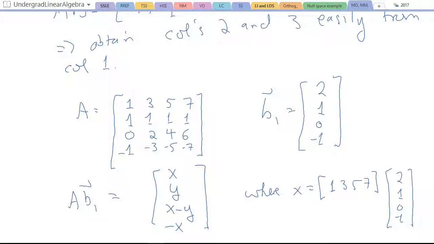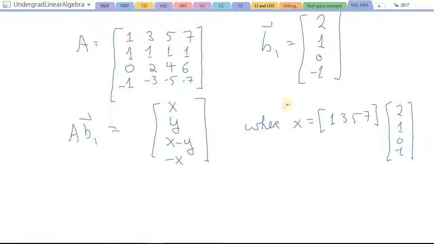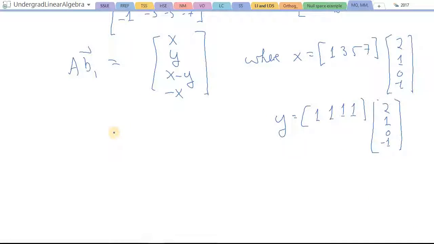Y is just equal to the second row times the column. So Y is equal to 1, 1, 1, 1 times 2, 1, 0, minus 1. All right, so let's just go ahead and do it. At some point we're going to have to bite the bullet and do some calculation.